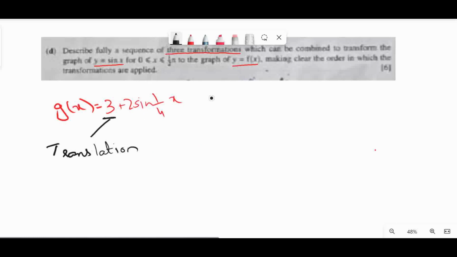And this will represent the vertical stretch because 2 is multiplying over here. So this is a vertical stretch because it is multiplying with the function. And sine of 1/4 pi x, this one is the horizontal stretch, because it is multiplying with the parameter x. So this is a horizontal stretch.